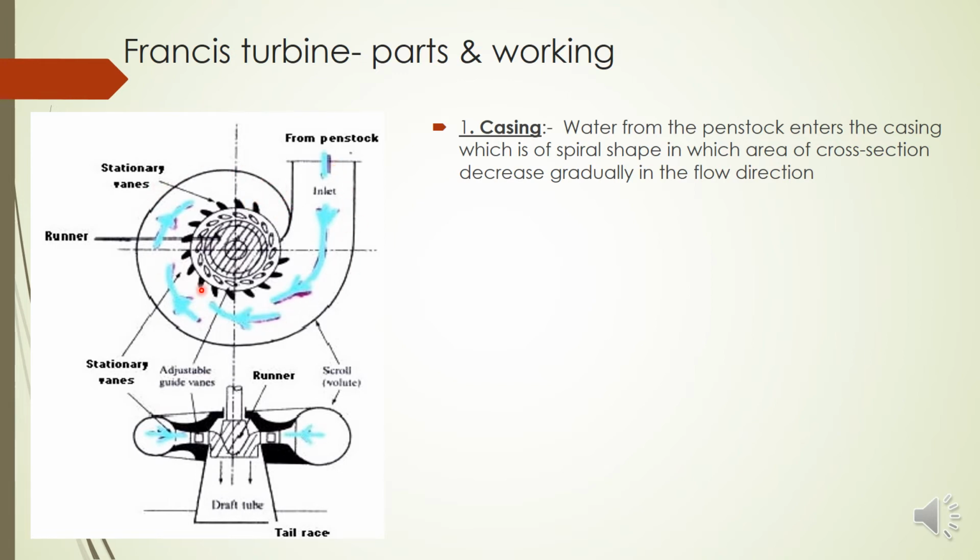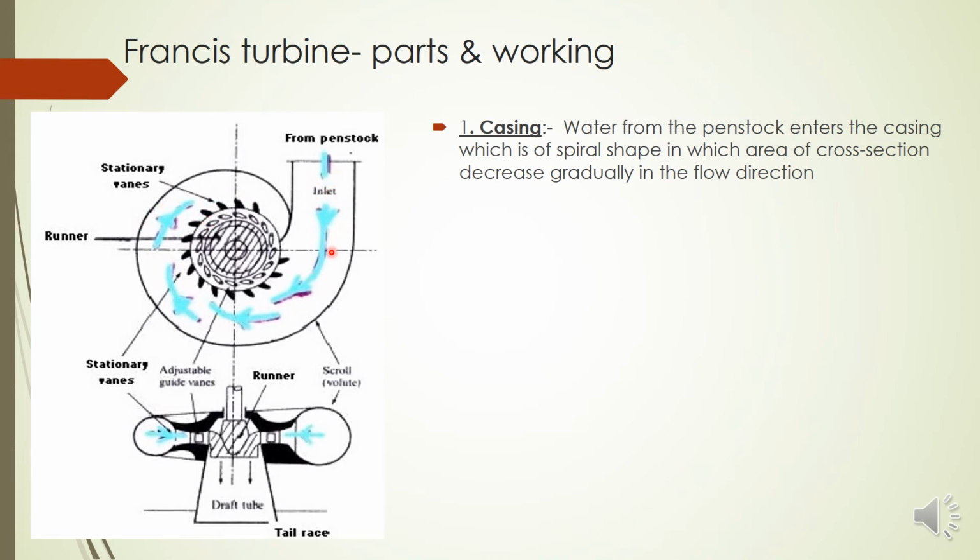Already you have studied the centrifugal pump. A centrifugal pump also has a spiral casing, but its flow direction is reversed. In a centrifugal pump, the water enters axially and leaves radially, but here it enters radially and leaves axially. So it just looks like a centrifugal pump's casing, but the flow direction is different.